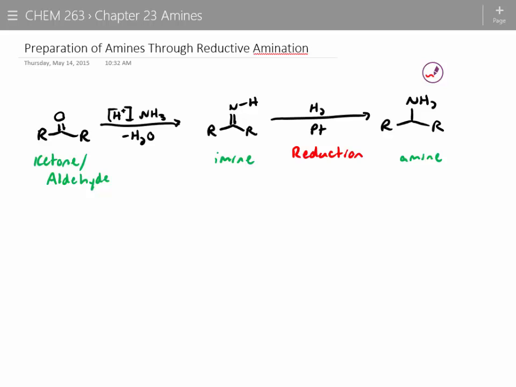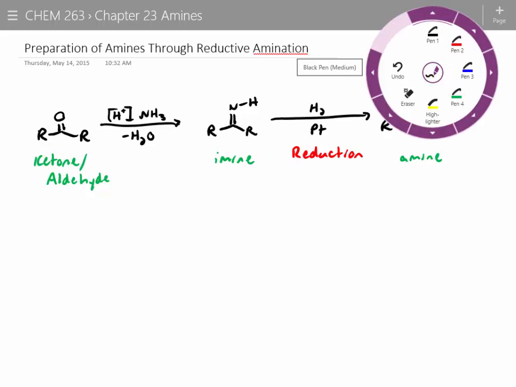You can use palladium, platinum, even nickel sometimes. But in this case, we're just reducing a double bond to a single bond. Yeah, you can reduce cyano groups using lithium aluminum hydride, but in this case, it's just a carbon-nitrogen double bond. You can reduce this with hydrogen.